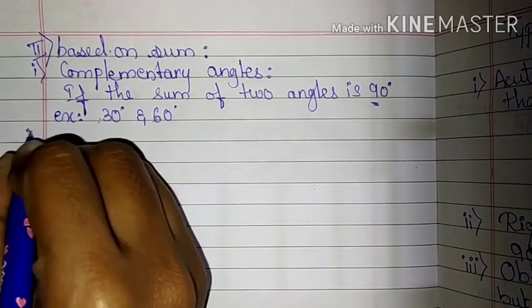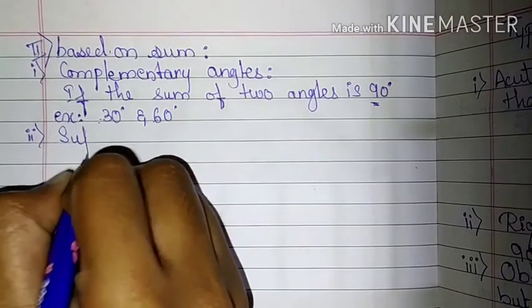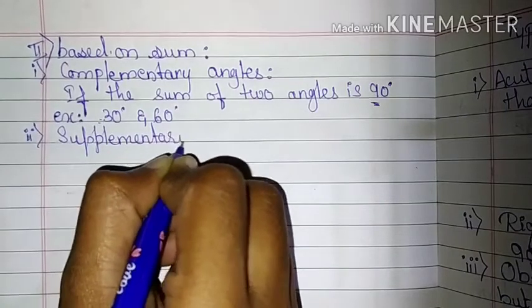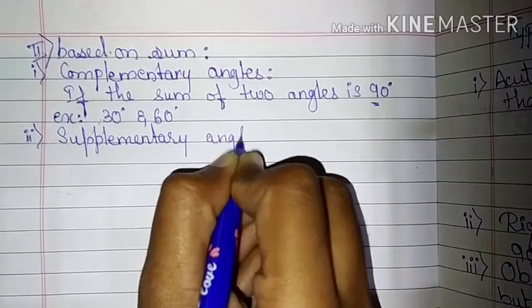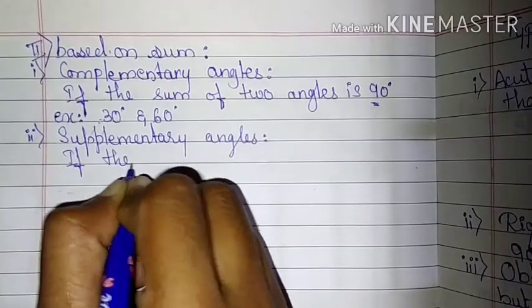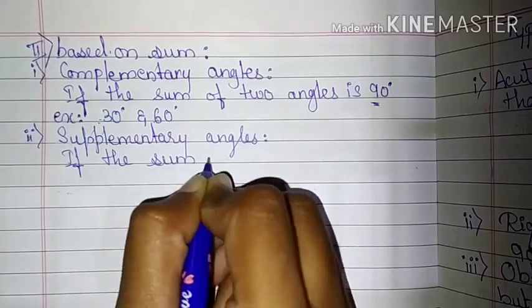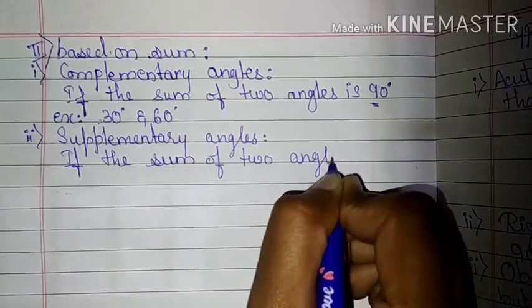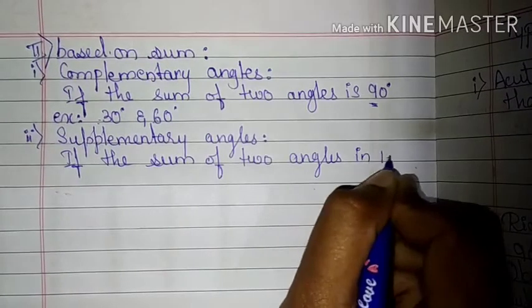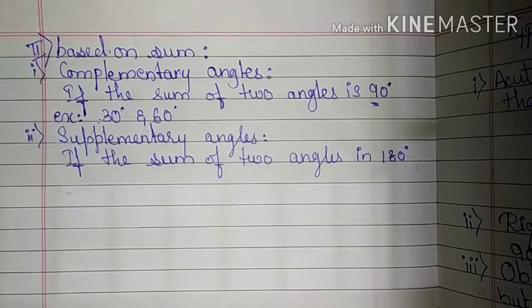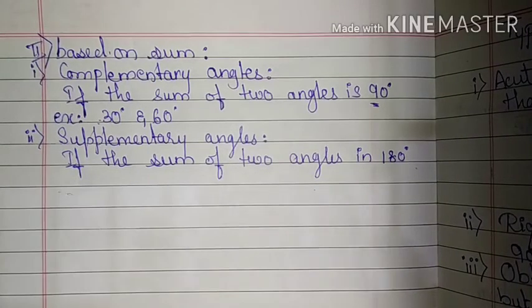The second type is known as supplementary angles. If the sum of two angles is 180 degrees, then they are called supplementary angles.